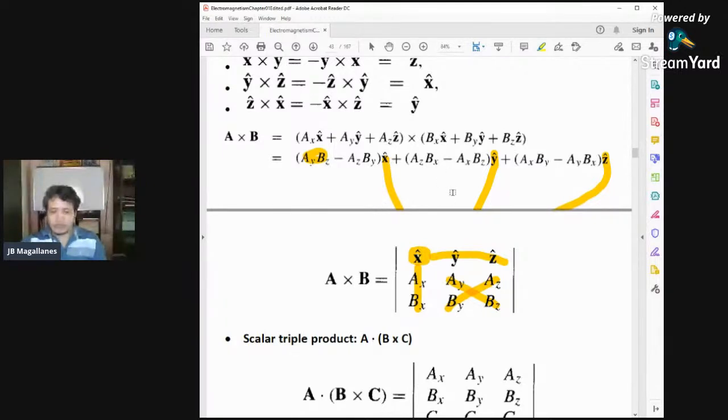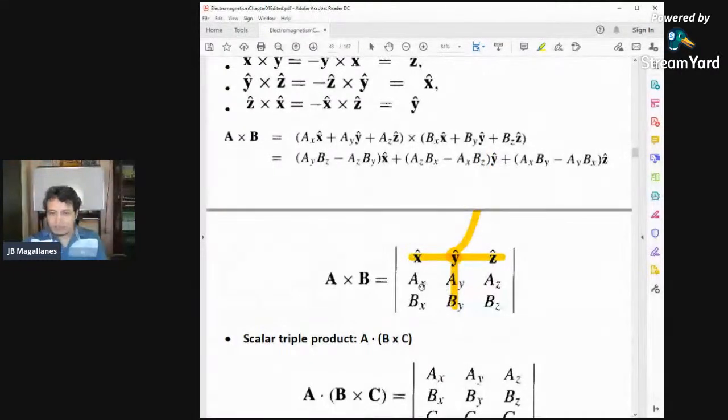For the second component, it's supposed to be negative here, but you are interchanging this. So it's supposed to be negative Y. This one here, it's supposedly negative Y. And then you cover this one, you cover that one.